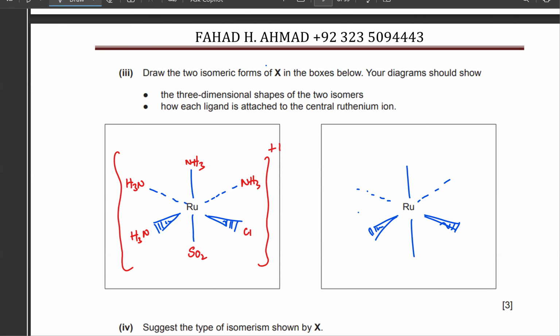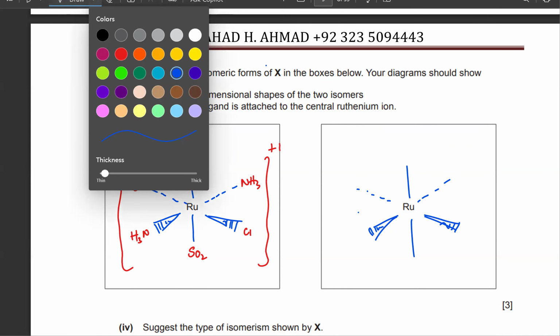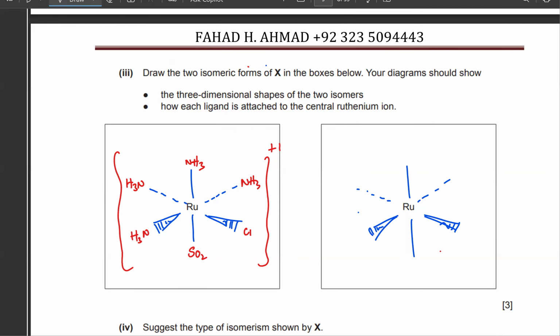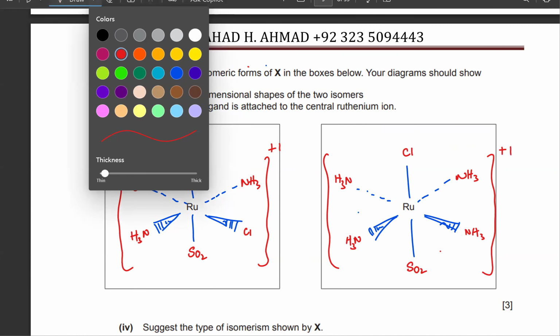those are your X, Y, and Z axis. So the SO2 and the Cl will be opposite to each other. So that's the other one.